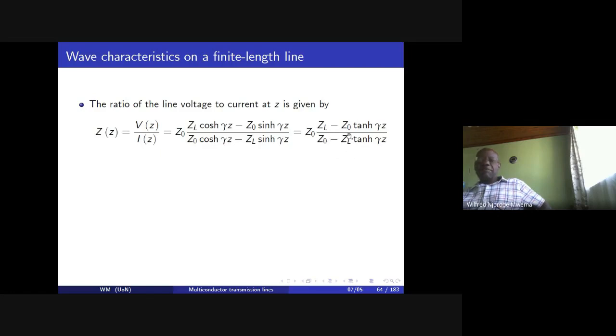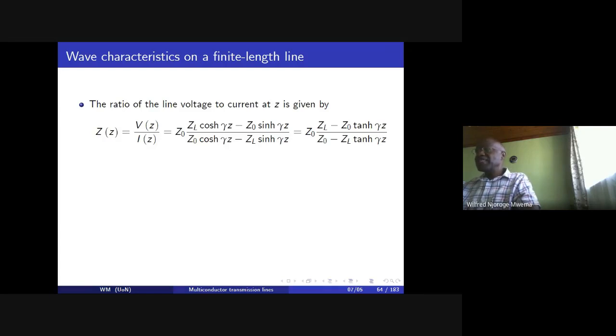This looks very much like what you have already met in transmission lines in third year in ECT. But here, we also obtained similar values when we were looking at waves.